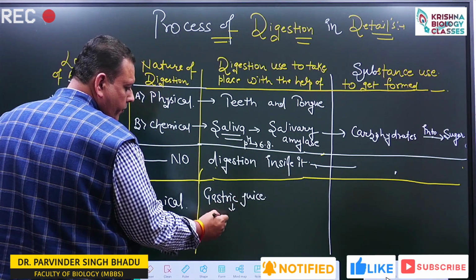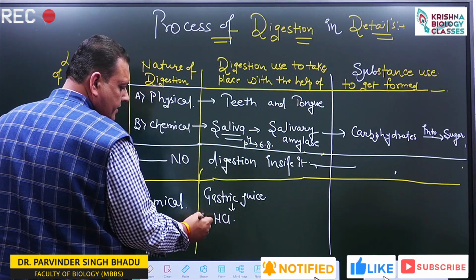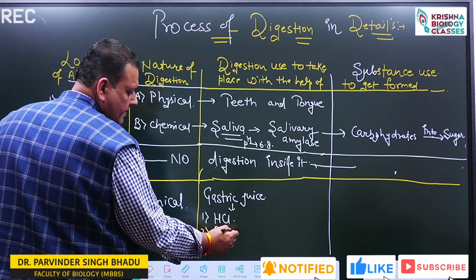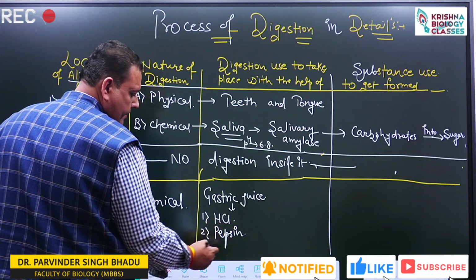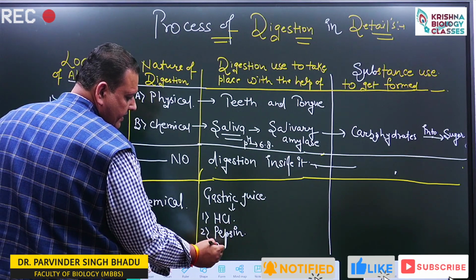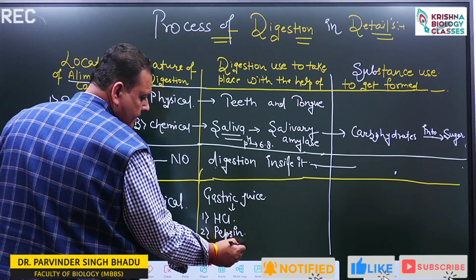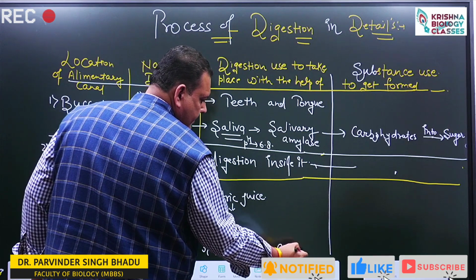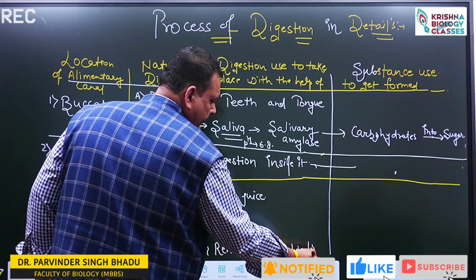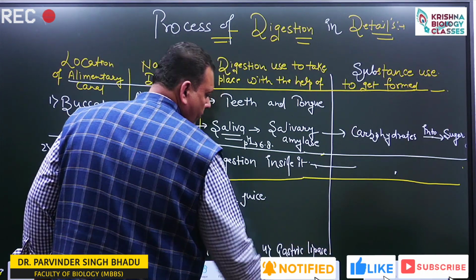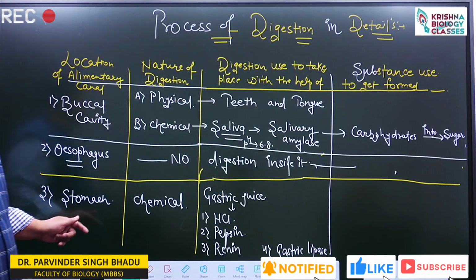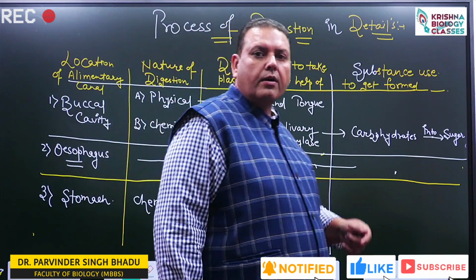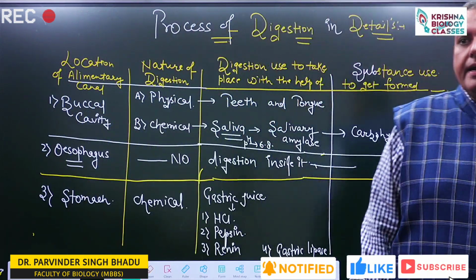The major components of gastric juice are HCl, pepsin, renin, and gastric lipase. Now, 2-mark questions used to come that explain the various components of the gastric juice and their action.